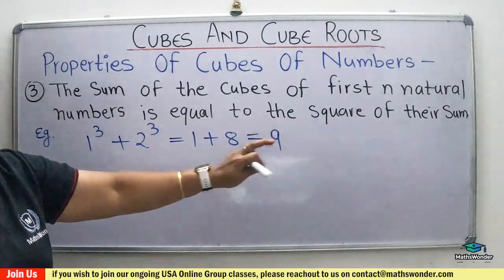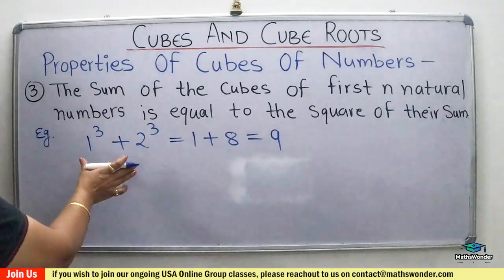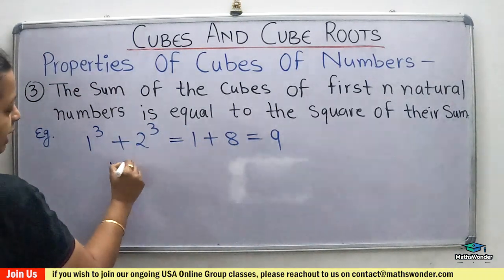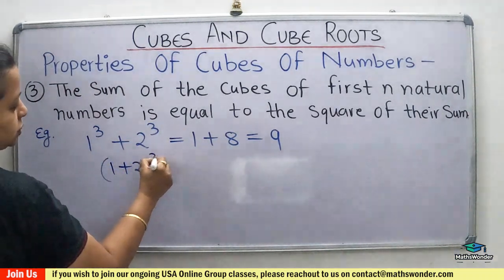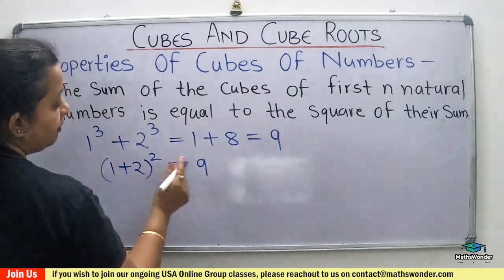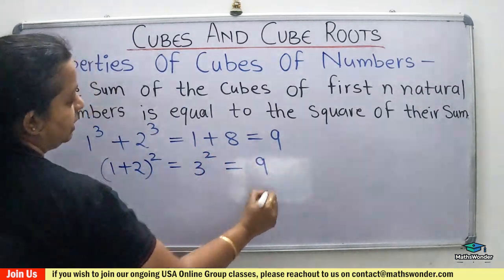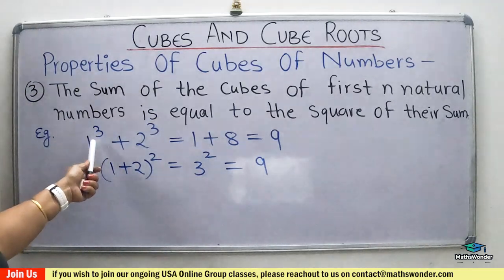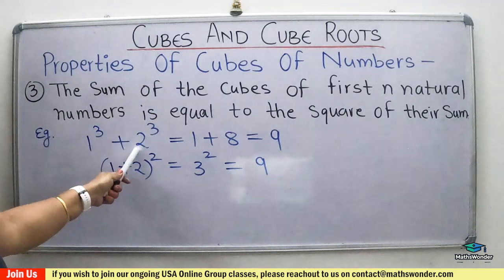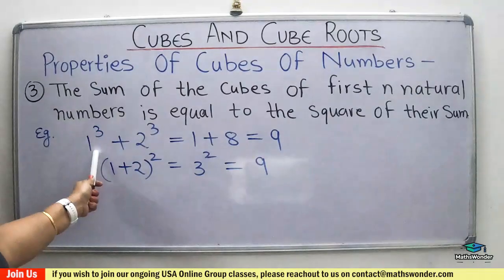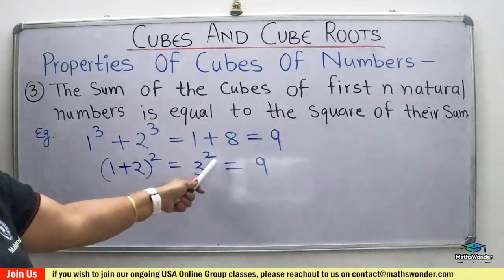When you add it, you will get 9. This is the answer of (1 plus 2) whole square, which is 9. So the sum of the cubes of the first 2 natural numbers is equal to the square of their sum.